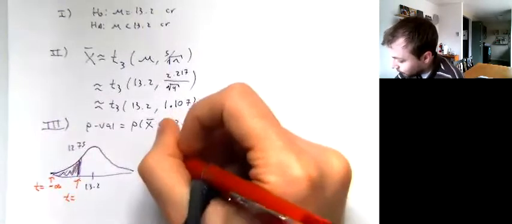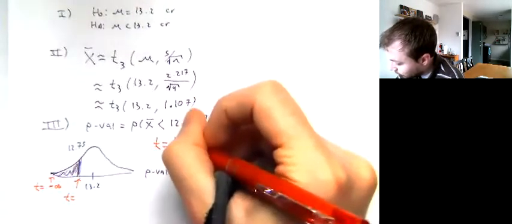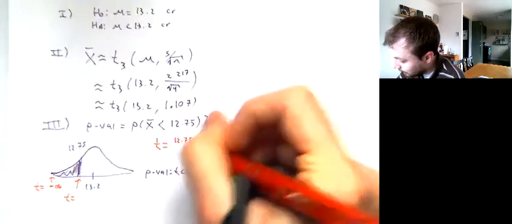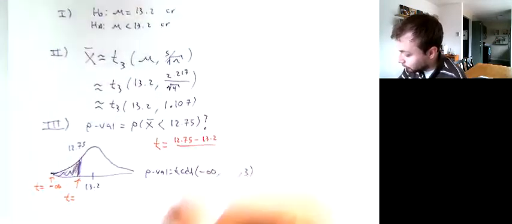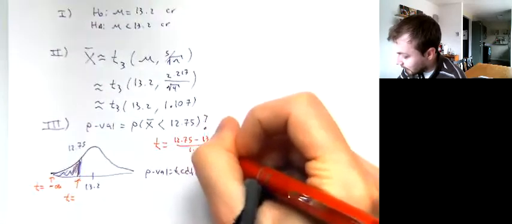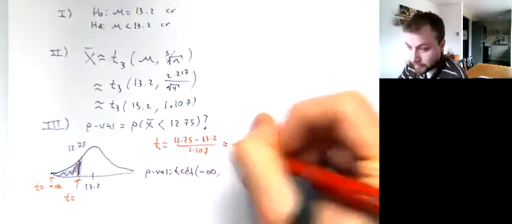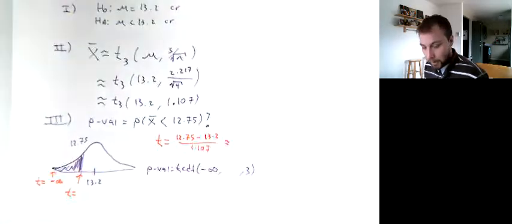So I'm going to find my t by taking my value, 12.75, minus the center or claim of 13.2, and dividing that by the standard deviation-like thing, the standard error, of 1.107.